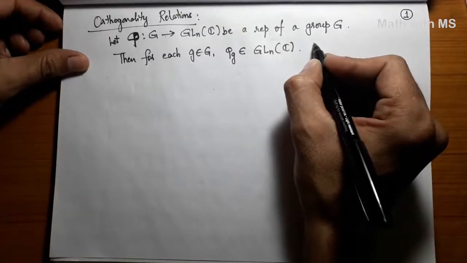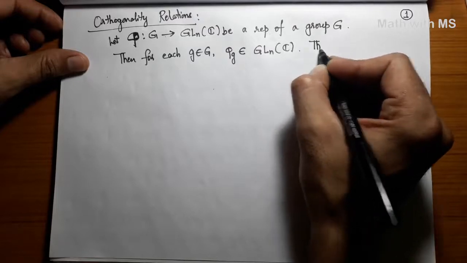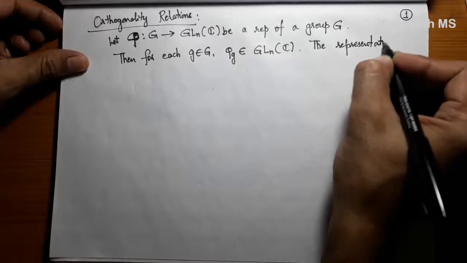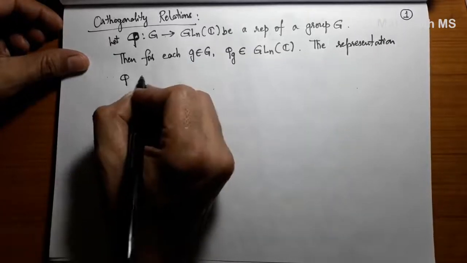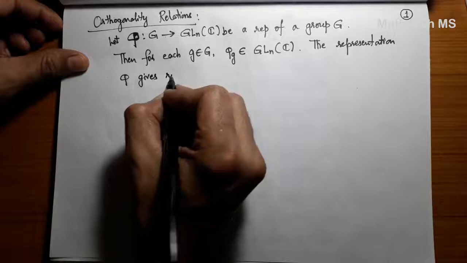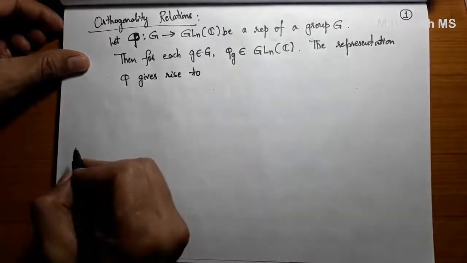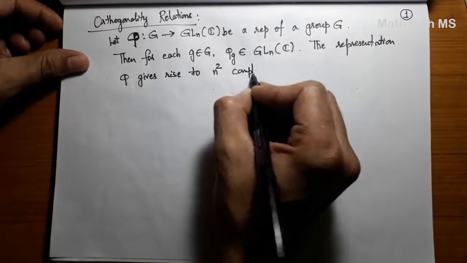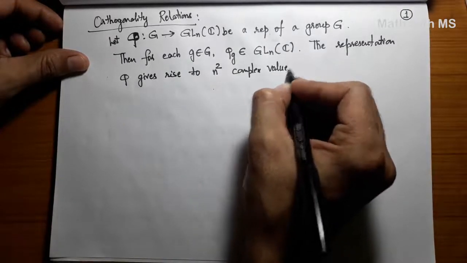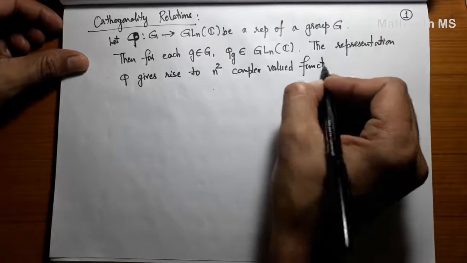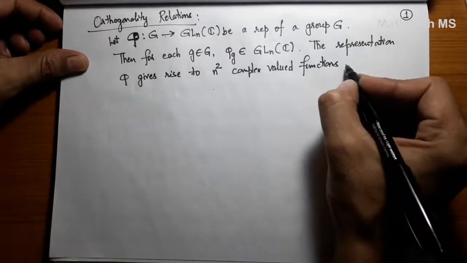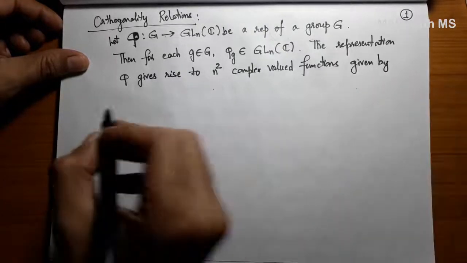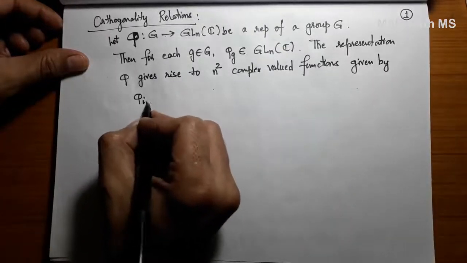So thus the representation phi gives rise to n square complex valued functions, given by, let us call them phi_ij.